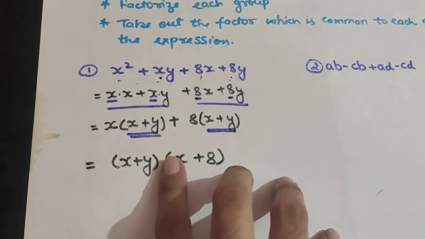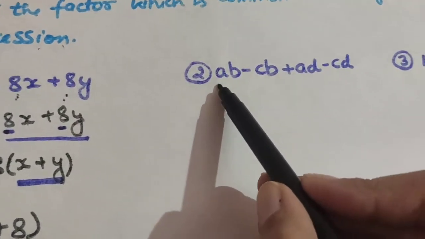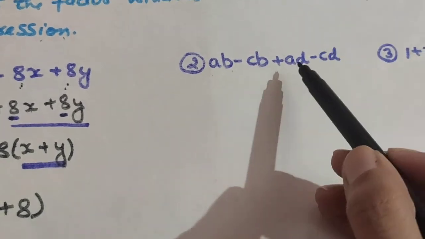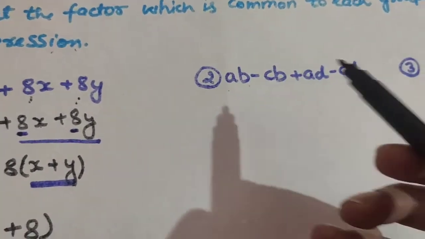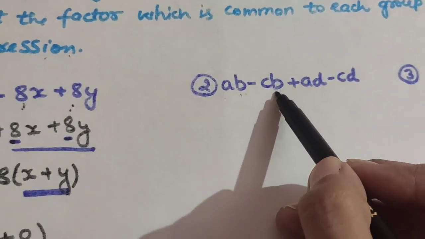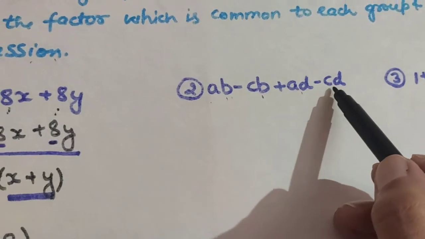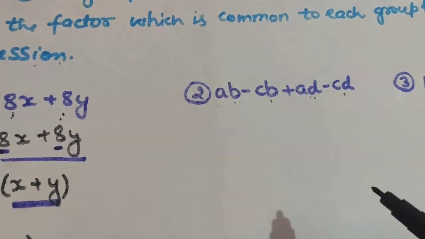Now we will look at the second example. The expression is AB minus CB plus AD minus CD. Now look at the first and the second term. Is there any common factor? Yes, B is common. Look at the third and the fourth term. Is there any common factor? Yes, D is common.